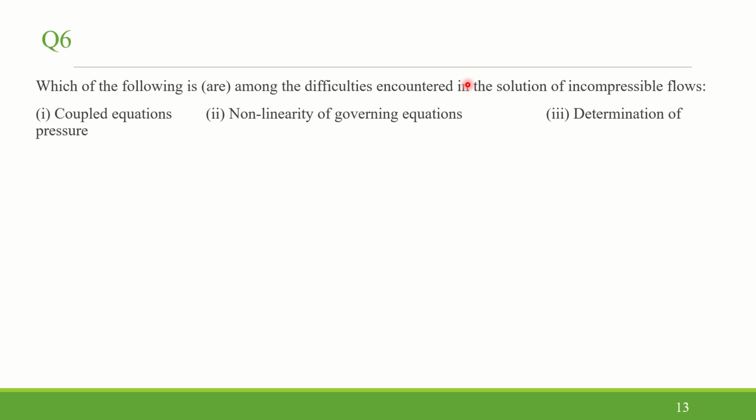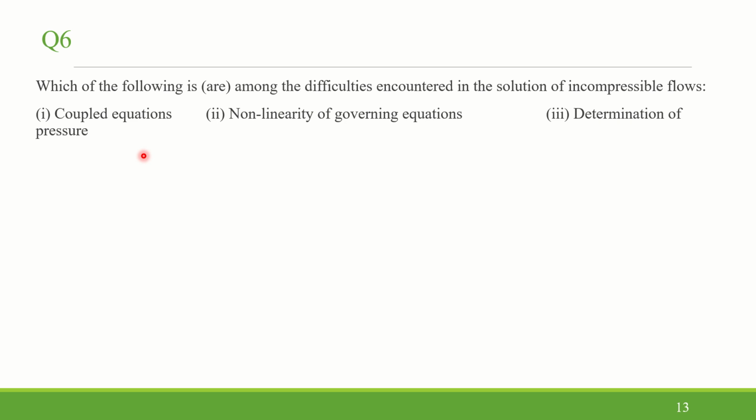The first one is coupled equations. In the momentum conservation equation, we have variables like velocity as well as pressure in the three equations, so the equations are known as pressure-velocity coupled equations, and they are non-linear as well. We have seen this in the last class.